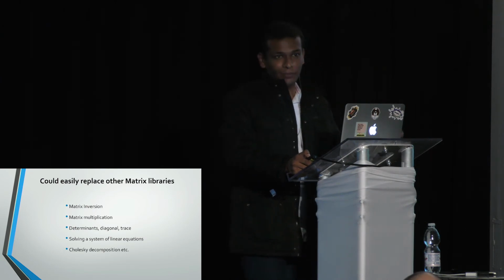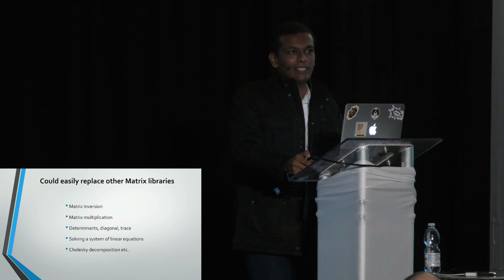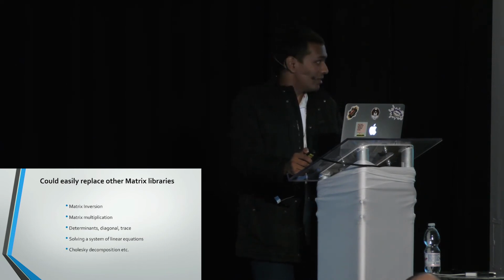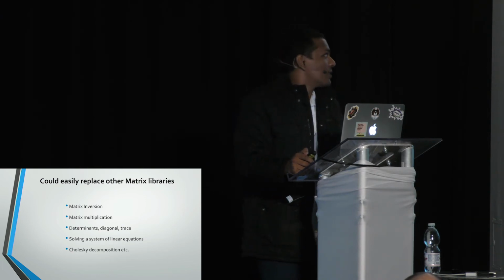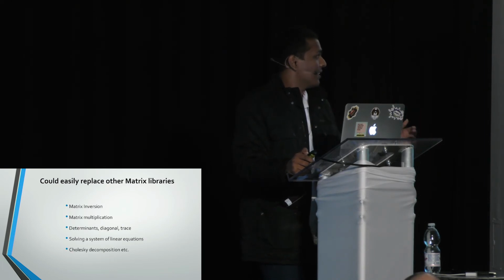I'm sure people here might have used NumPy and other Python scientific libraries for matrix purposes, because they're pretty standard. Corresponding to that, we have the n-matrix gem in Ruby, and it's a watered down version of NumPy. No insult to the developers, but it's true. Okay, by using TensorFlow, you can easily replace all the matrix operations here.